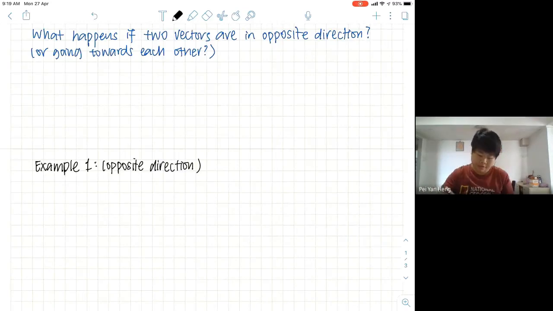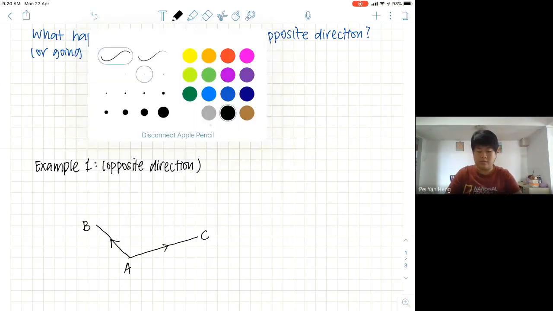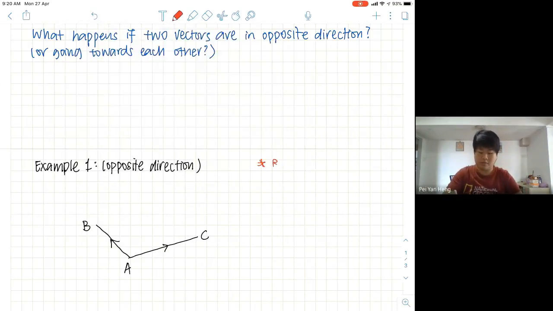In opposite directions, let's say we have this way and this way. Just remember that we can shift vectors around.